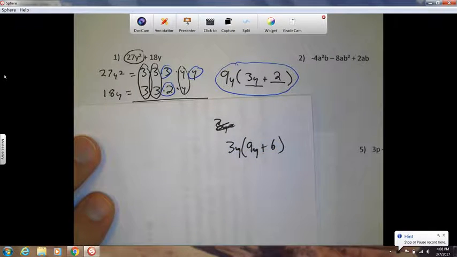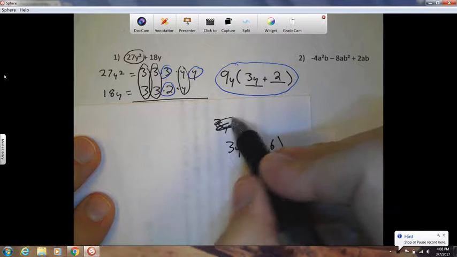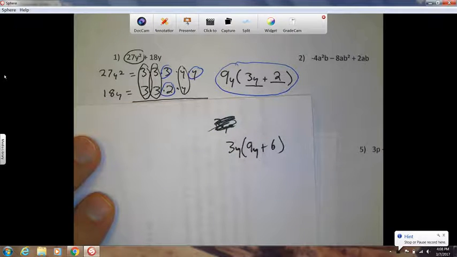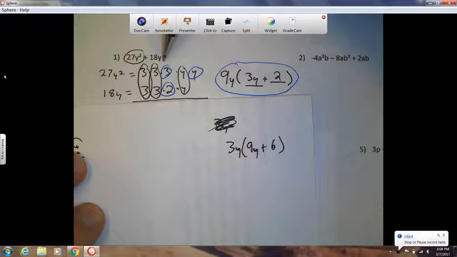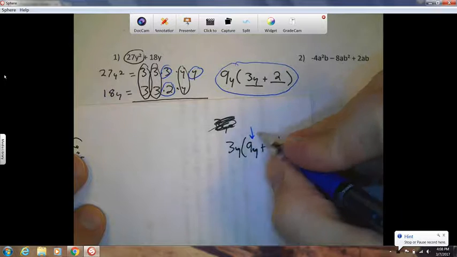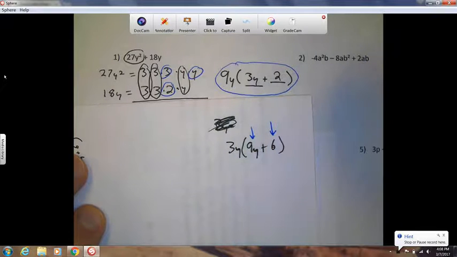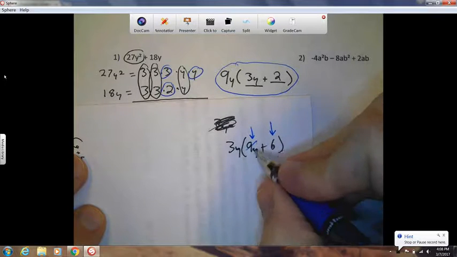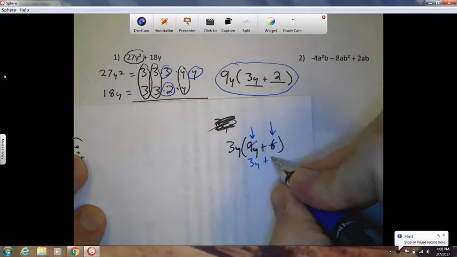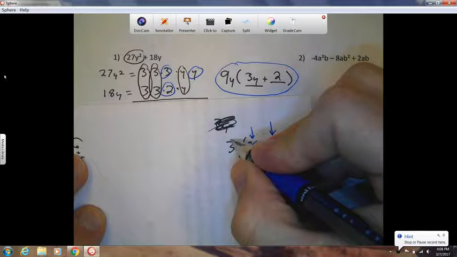If I multiply this out, it will give me this answer. But the problem, and the reason I know it's not completely factored, is because I can see that 9 and 6 are both divisible by 3. So I didn't completely factor it. Once you take out a 3 and make that 3y and make that 2, move that 3 out here, it becomes 9y. Then you have completely factored it.